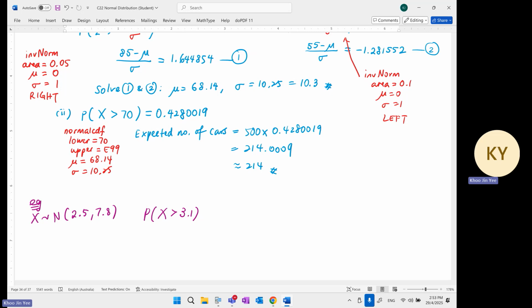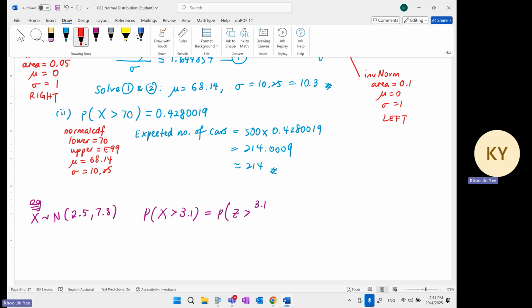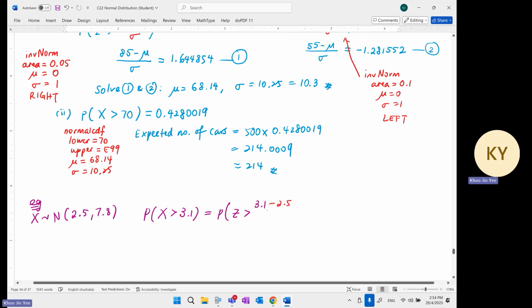Okay, so in order for me to evaluate this nicely, right? Okay, what the international people and what other ASEAN countries do, right? They will make use of this probability table. Okay, so they will need to standardize this first. So how they standardize would be 3.1 minus away the mean, divide by the standard deviation.